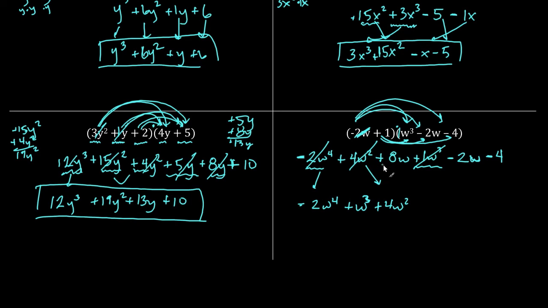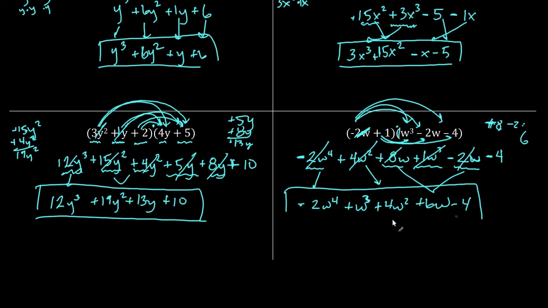A W, we have another one. So 8W minus 2W gives you positive 6. So plus 6, don't forget the W's, and then minus 4. That is that long expression. Okay, thank you.